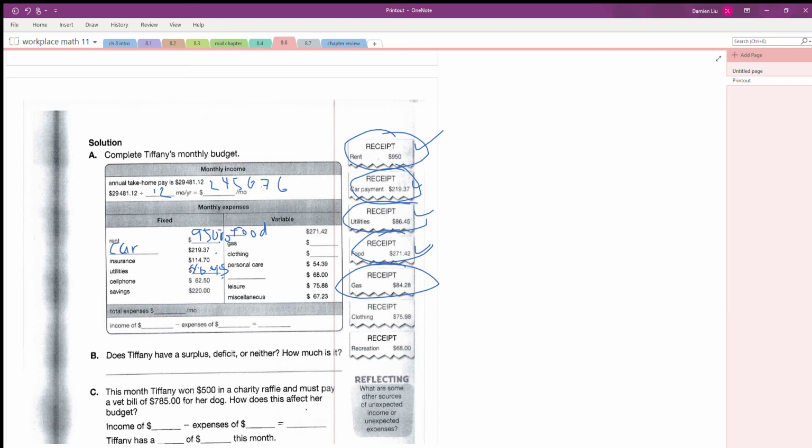Gas is $84.28. That's also variable. Clothing, $75.98. Oh, that's right there. There's a little blank there. So $75.98 goes here.